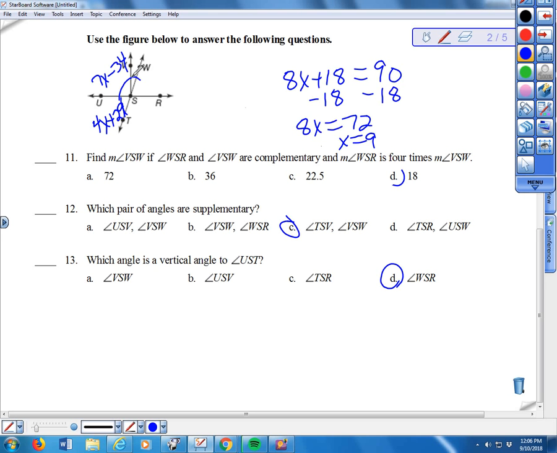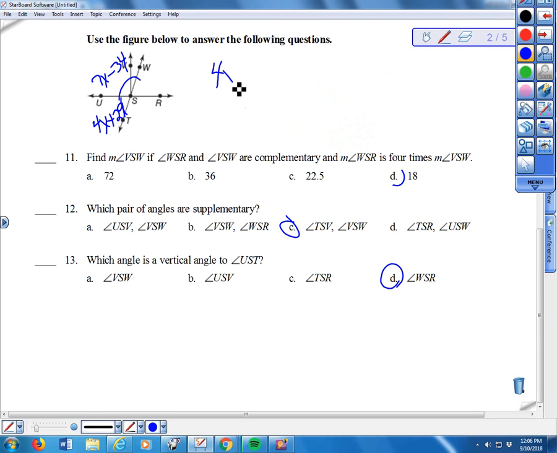Okay, so 4x plus 29 plus 7x minus 34 equals 180. Now I just need to combine my like terms.